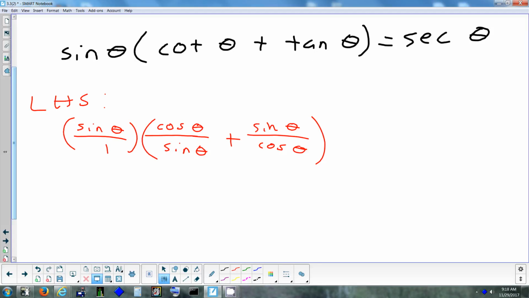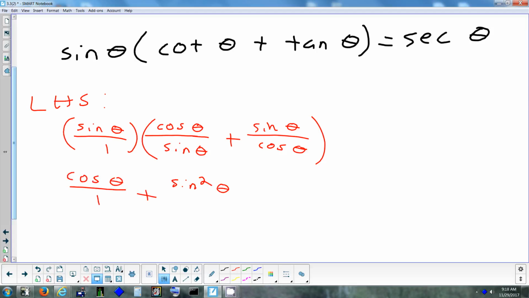What's going to happen is the signs are going to cancel in the first fraction. So all you get is cosine over 1 plus, now do the signs cancel when you distribute to the second fraction? No, what do you get when you multiply sine times sine? Sine squared.